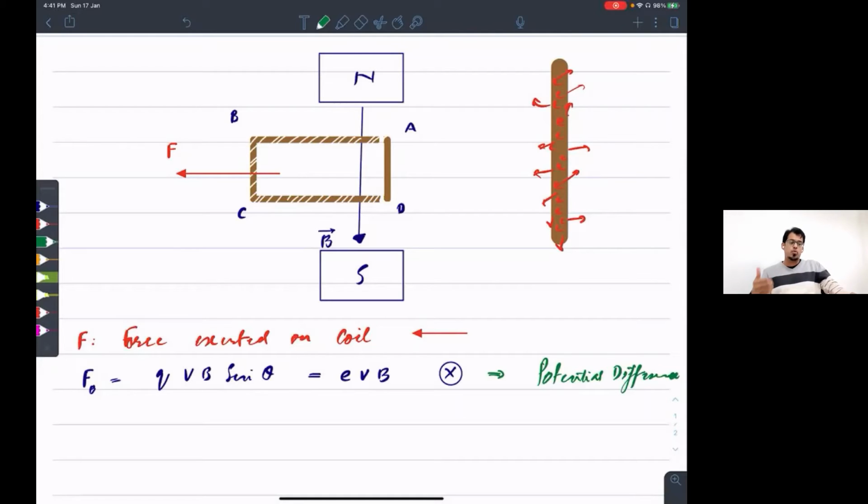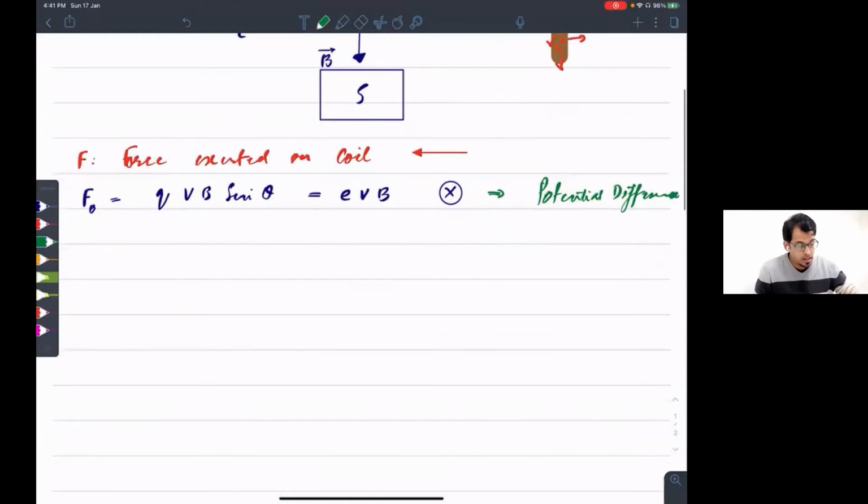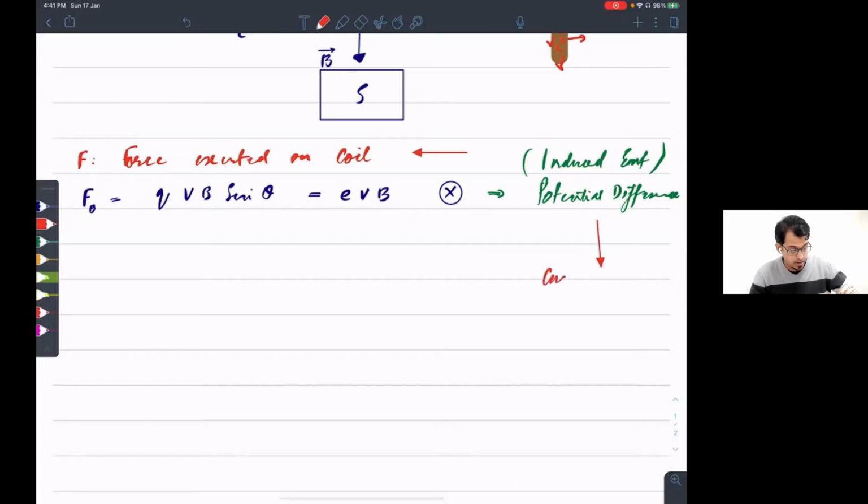So this FB equal to EvB, which is into the board, results in a potential difference. That potential difference is known as induced EMF. This potential difference results in a current, which is known as induced current, because electrons were traveling in a straight line.